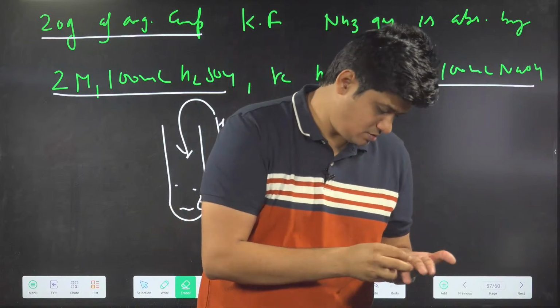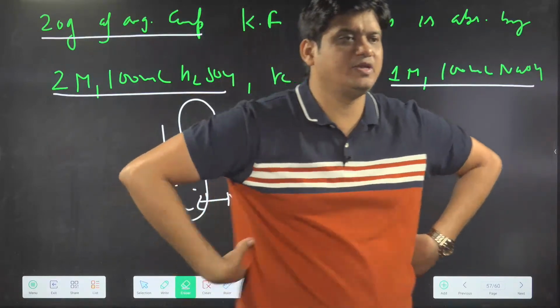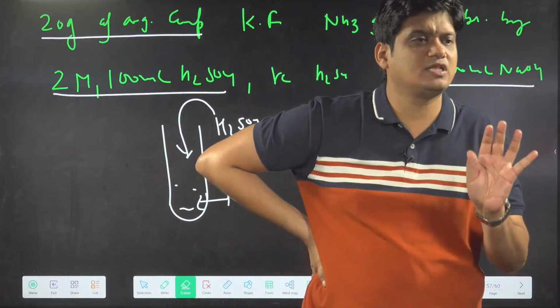You say, sir, 500 is left. So I calculate that you have spent 1500. This is the basic of Kjeldahl's method.